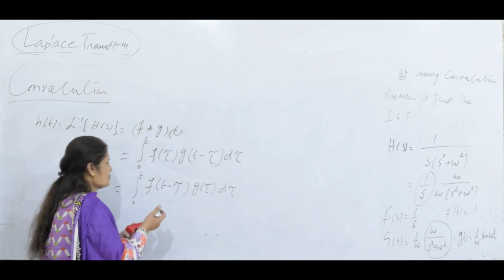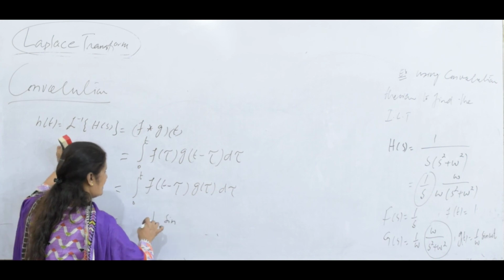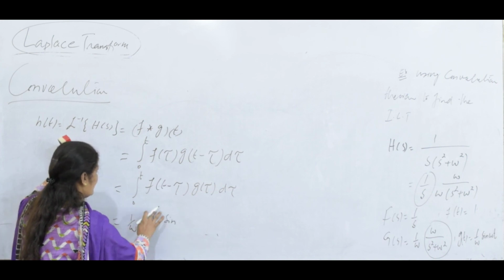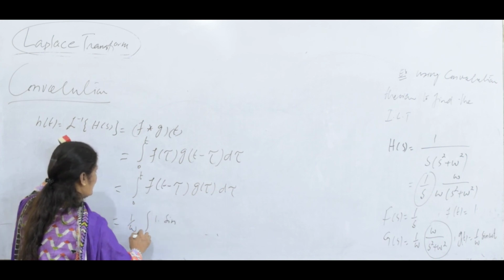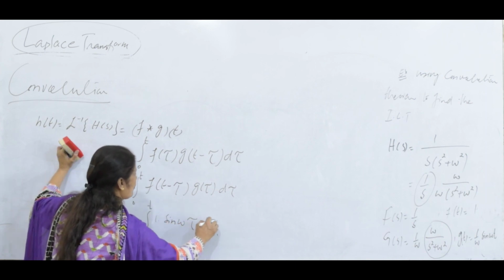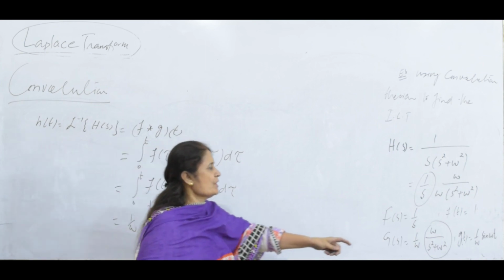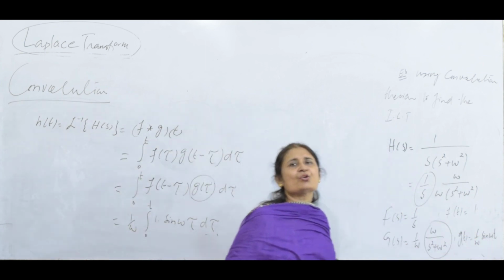So the best is this. It is commutative, you can do it, it is 1. Then sine omega tau d tau, g of tau. So g of tau means t is replaced by tau, not t minus tau.